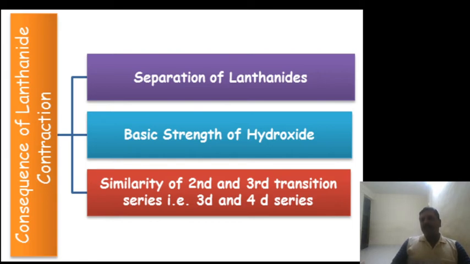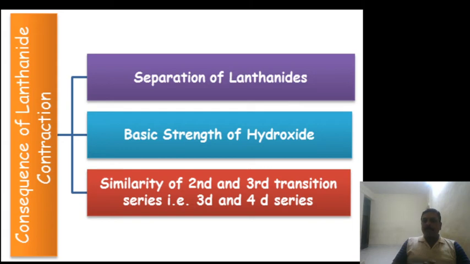The second one is the basic strength of the hydroxide. Basicity is nothing but the ease of losing electrons. But here all the elements have similar size, so it is very difficult to explain the basic strength of the hydroxide. In this chapter we will see that lanthanum hydroxide is more basic than lutetium hydroxide, so basicity goes on decreasing.